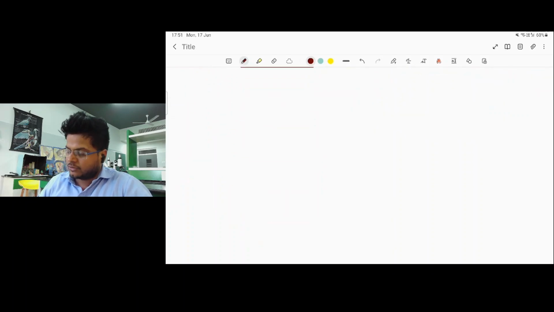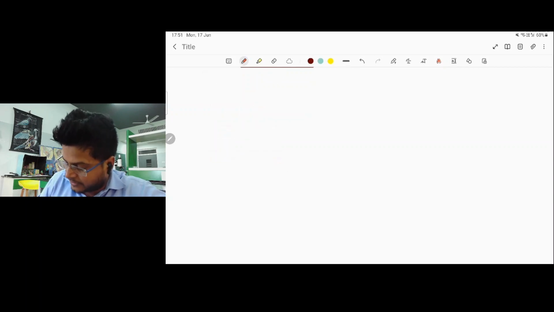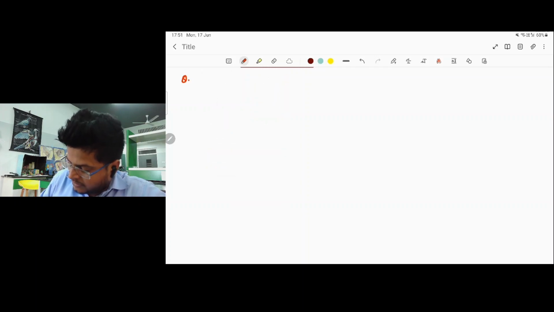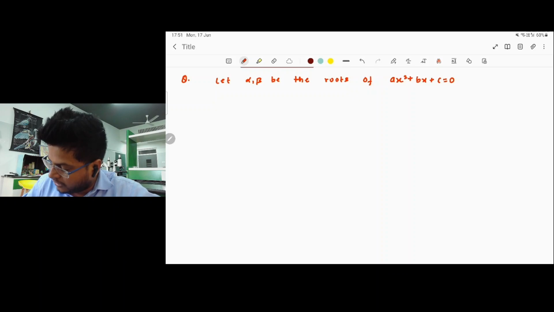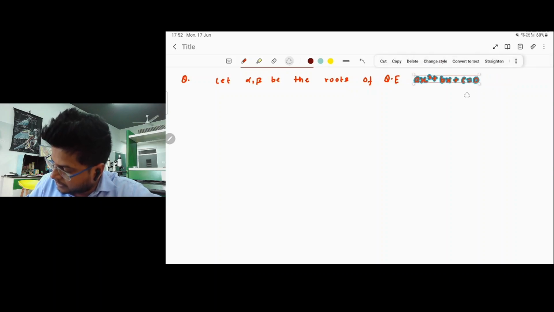So now I would say that we can solve a couple of questions quickly related to this concept to test our understanding. So let's say the question is: let alpha, beta be the roots of the quadratic equation ax square plus bx plus c equals 0.